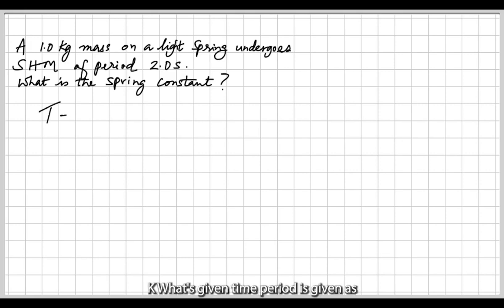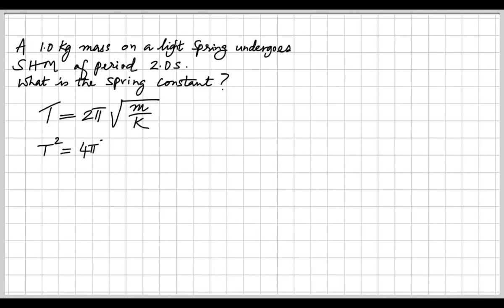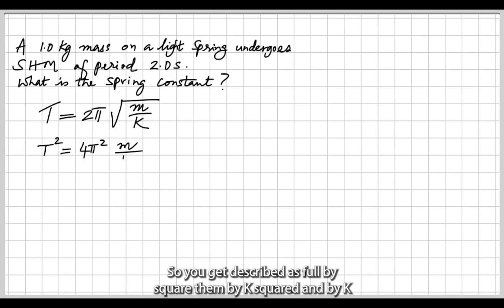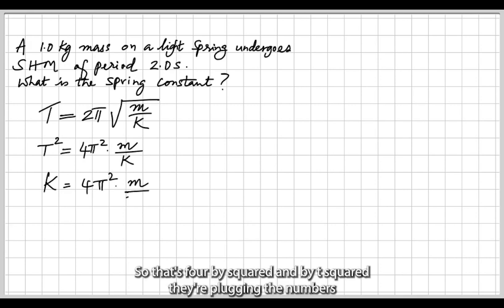What's given? Time period is T equals 2 pi square root m by k. That's the formula. Since we're looking for k, you've got to square both sides. So you get T squared is 4 pi squared m by k. The square root vanishes. Make k the subject. So that's k equals 4 pi squared m by T squared.